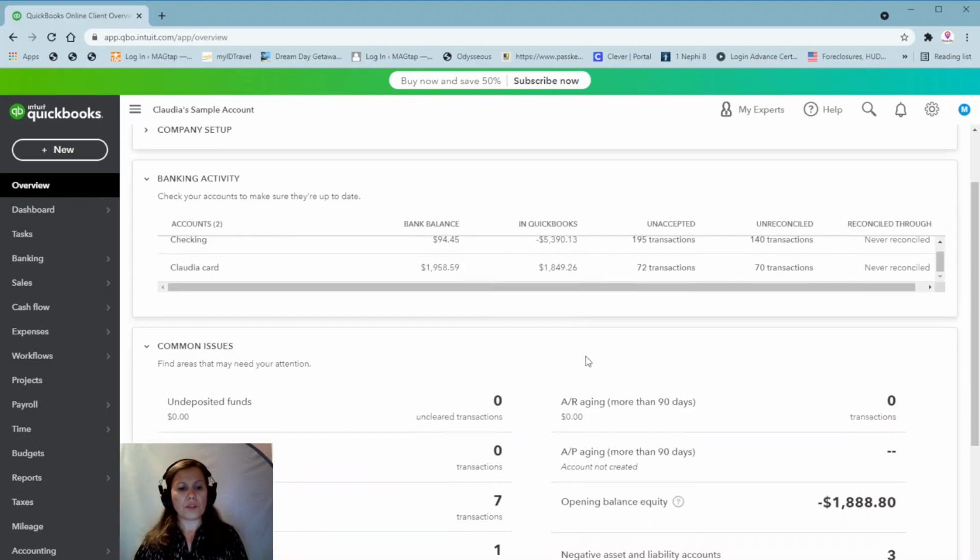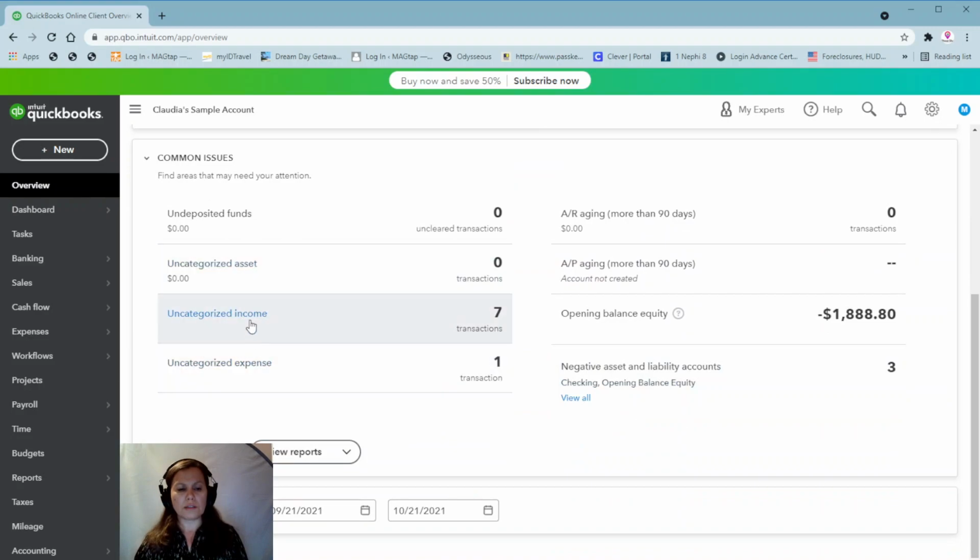So overview, common issues. Those are the two accounts we are looking at on the profit and loss. Except for those two, everything else here is going to be balance sheet accounts.